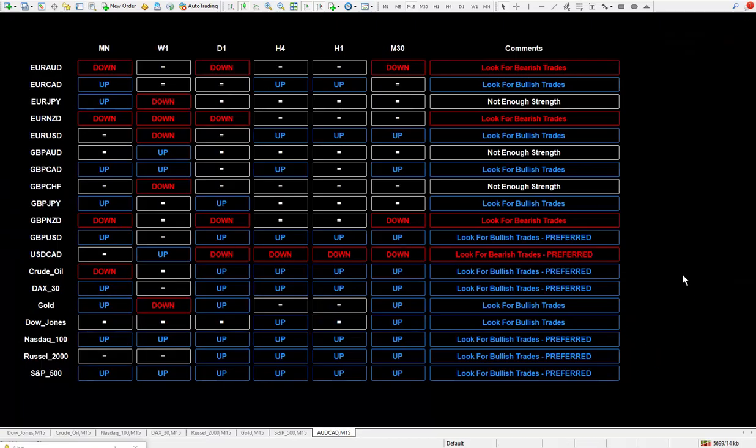Now here's my daily trade plan. And after almost 20 years and many different kinds of daily trade plans, I find that this one is the best one, at least so far, unless somebody can show me a better one. So this daily trade plan analyzes from the monthly all the way down to the 30 minutes, does a bunch of calculations, and within the comments it'll either say look for bearish, look for bullish, and sometimes it's flat or not enough strength.